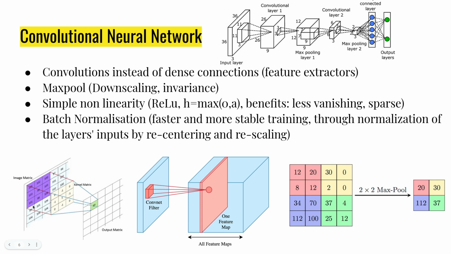Typically that is used. Also, if you want to retain the same number of pixels, let's say this is 10 by 10 and you want the output also to be 10 by 10, then you need to pad the image. That is where padding comes into the picture.